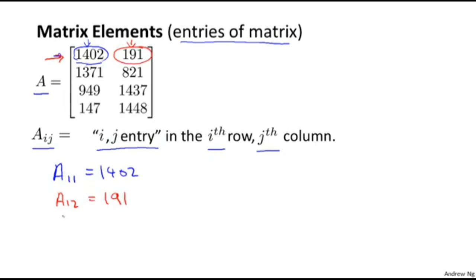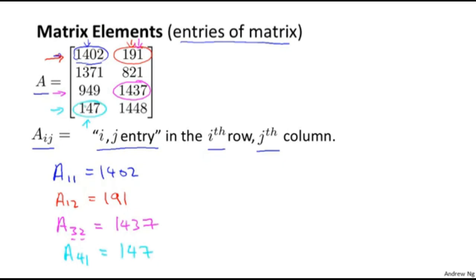Just a couple more quick examples. A32 refers to the entry in the third row and the second column, right? That's equal to 1437. And finally, A41 refers to the fourth row, first column, which is equal to 147.